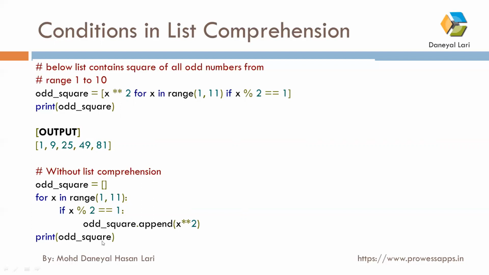After that you print your odd squares. As you can see, the whole statement we can write in one line by using the list comprehension. Just compare both statements. You can see that this is very elegant and very compact. This will make you more comfortable when you practice.